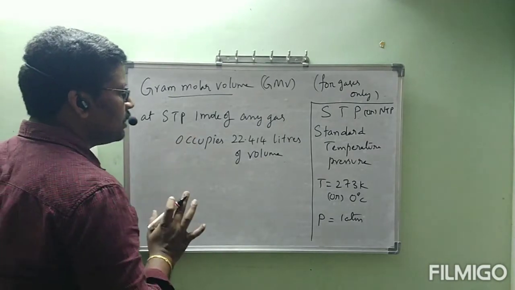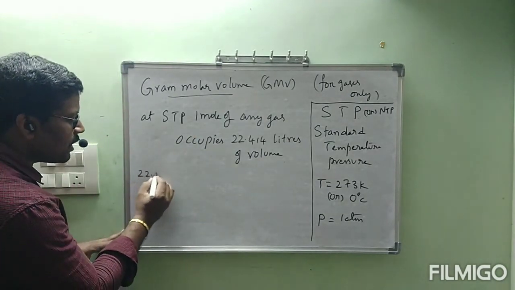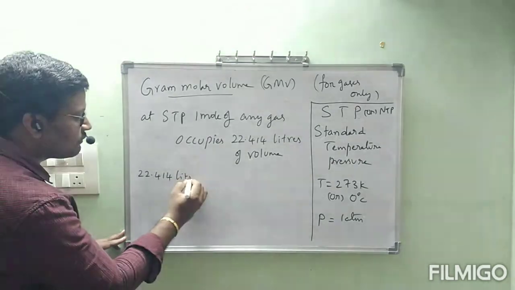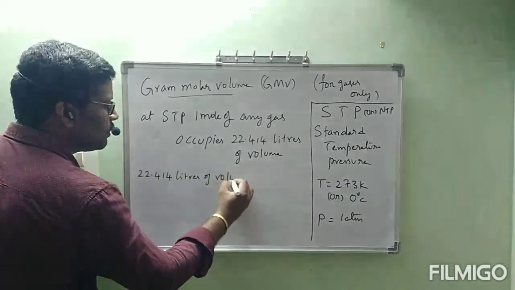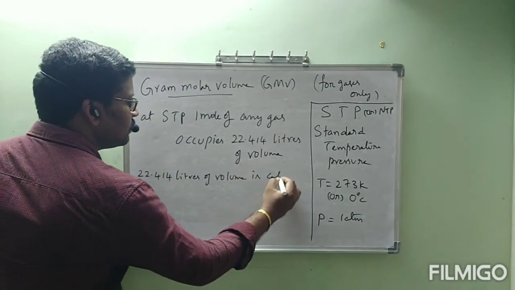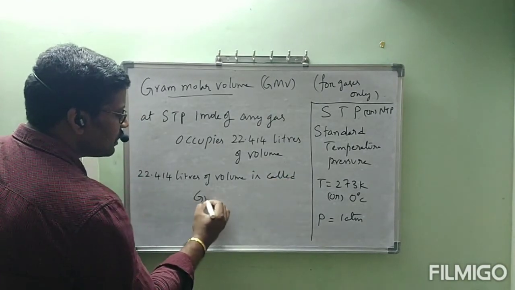This is the definition. Now, this 22.414 liters of volume is called gram molar volume.